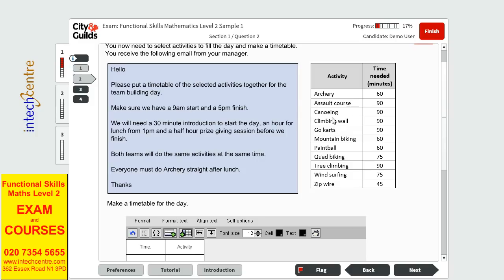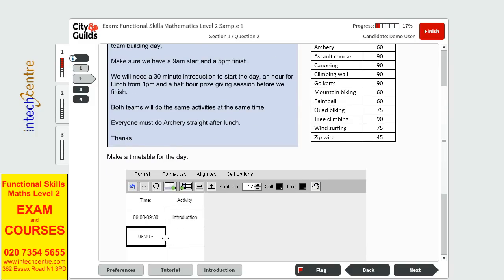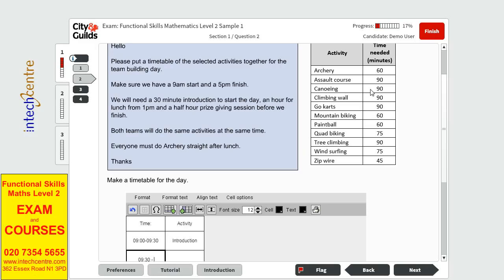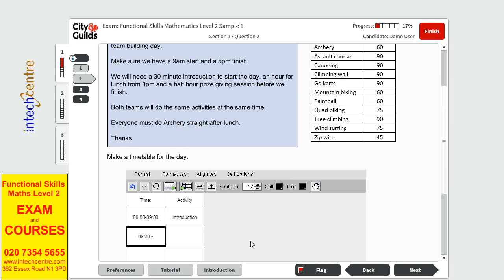We could go canoeing. So that is 1 hour and a half, 90 minutes. So 9:30 to 10:30 it's an hour, and then 10:30 to 11 it's another half hour. So the activity will finish at 11 and we'll have canoeing.